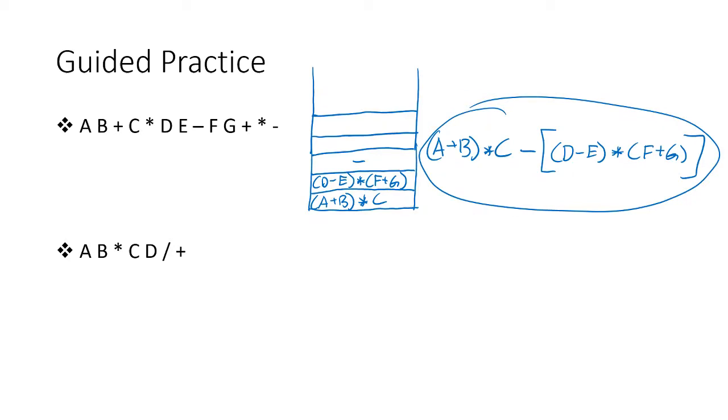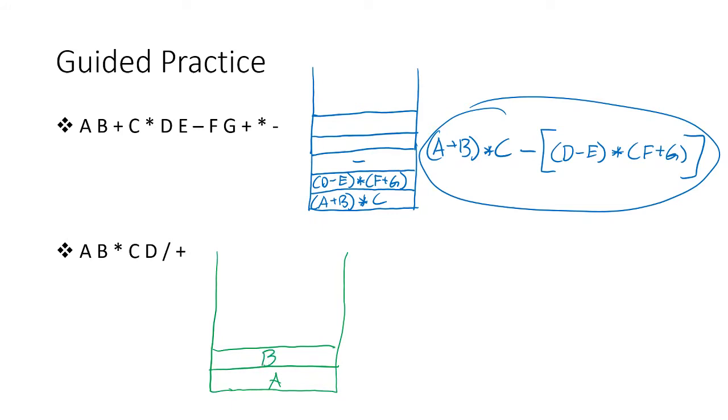Let's try another one. I'm going to go ahead and draw my stack with a different color. I read an A. I read in the B. And as you get more and more comfortable with this, you don't even have to push on the operator.